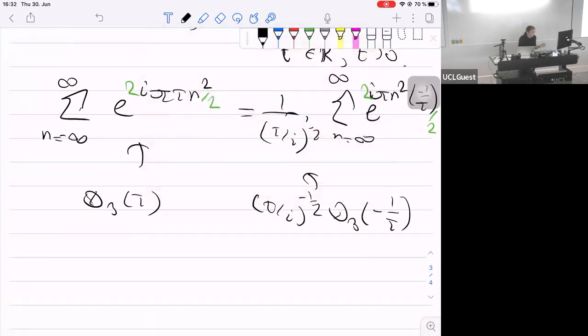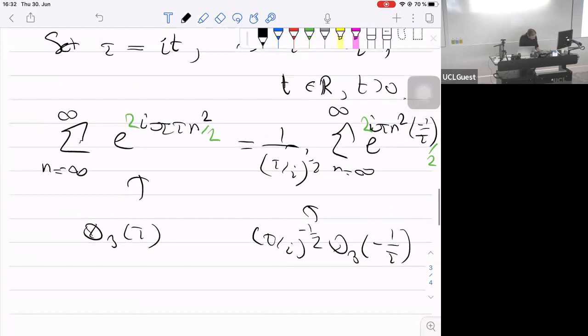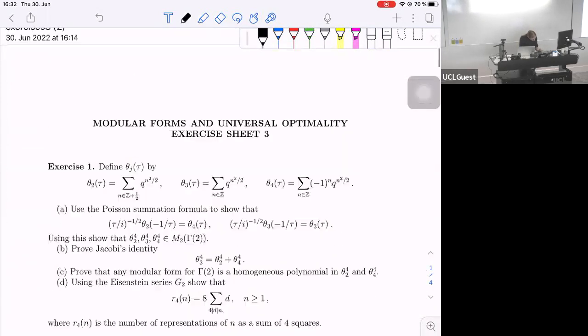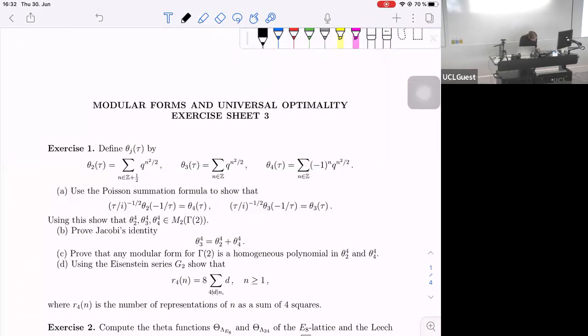And this is basically the identity we wanted to prove, but we've only proved it in the special case of tau lying on the imaginary axis. So if I just scroll up to the top again, it was exactly that identity that's now just dropped out of the Poisson summation formula.